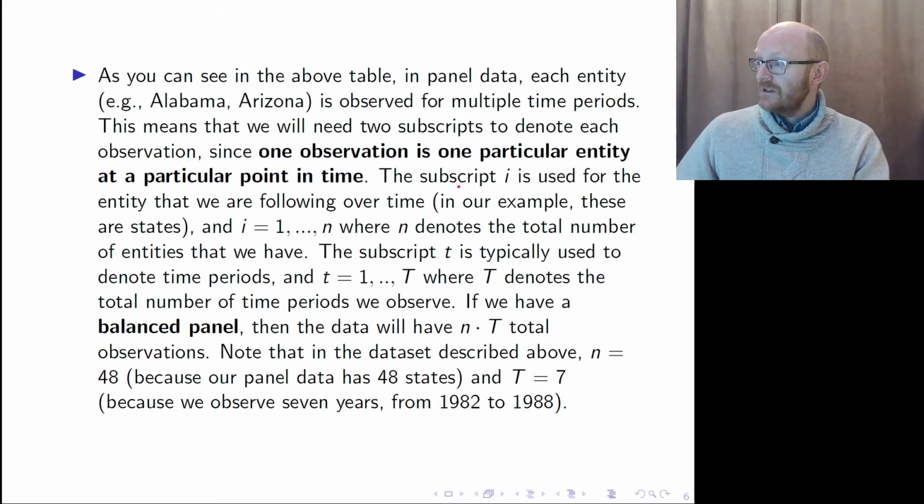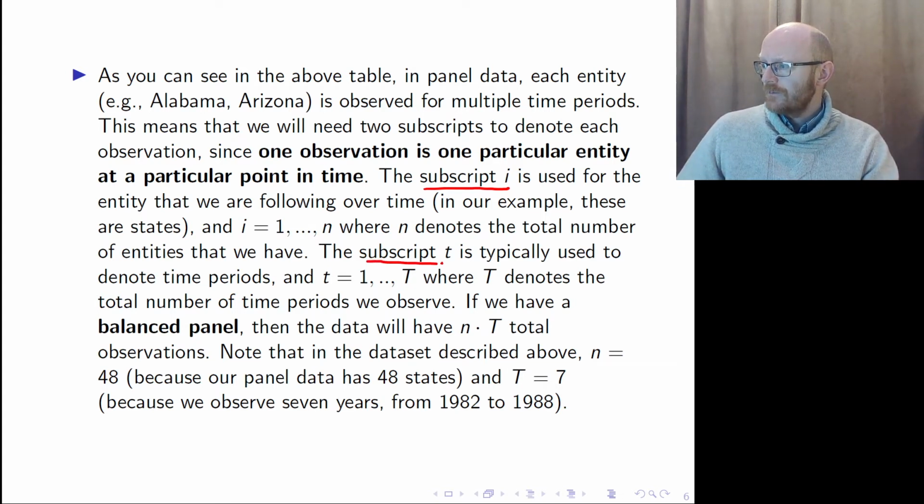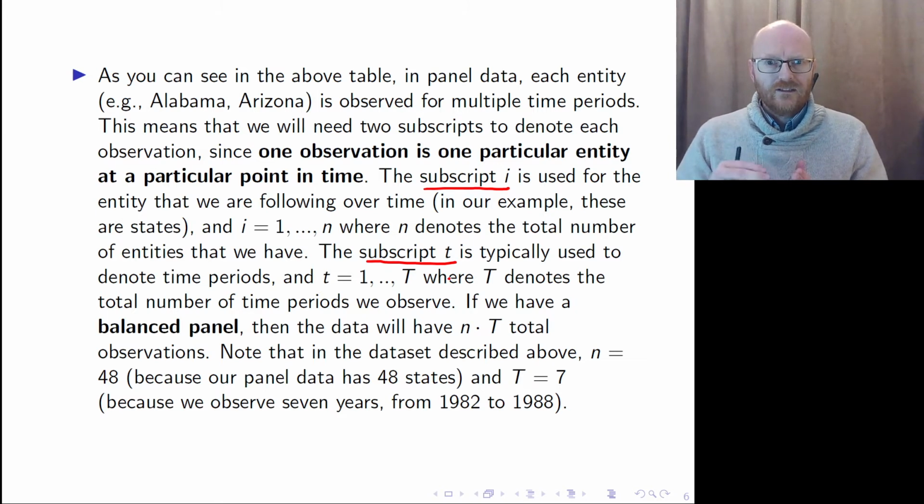So we use subscript i for the entity, and subscript t for the time, which means that our y and our x variable need two subscripts, one for the entity and one for the timestamp.